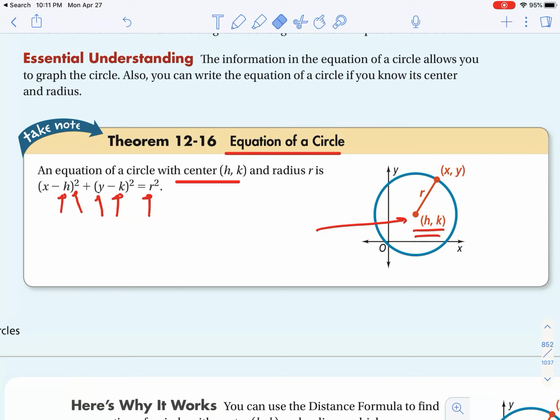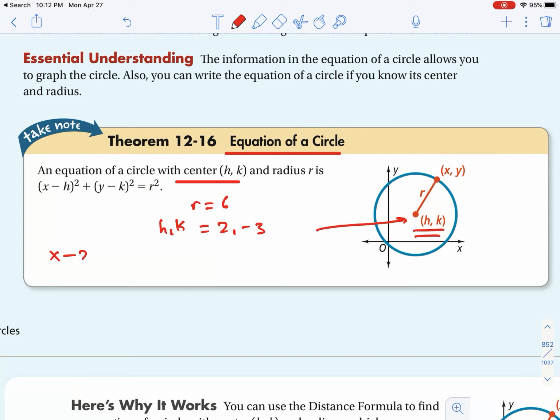So for example, let's just do a problem, why not, right? If we have a radius of 6, and our (h, k), or center, is located at (2, -3), it's going to look something like this. We're going to say x minus, and what is our h? Our h is here, so that's 2.